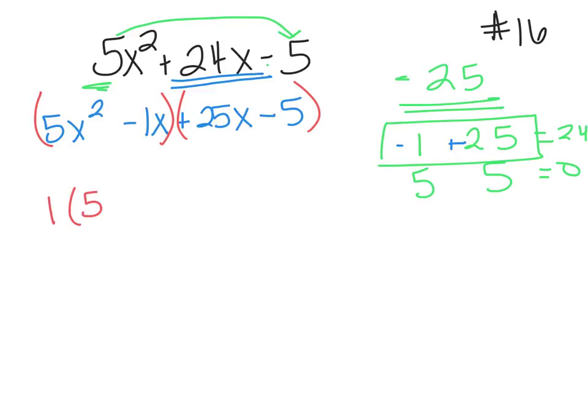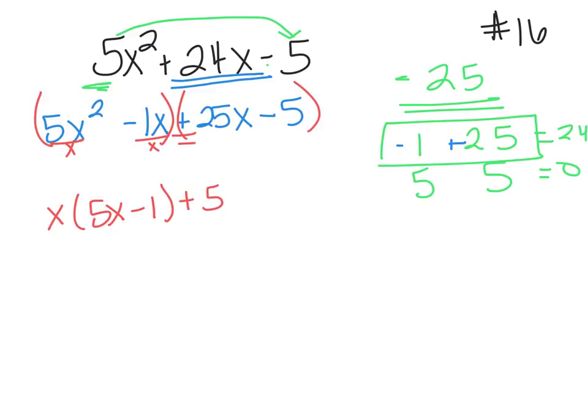If I divide a 1 out, I'm left with, oops, excuse me, there is something we can take out. Let's erase that. I can take out an x. When I divide an x out of both, I'm left with 5x minus 1. Next, I'm going to take out a positive 5.